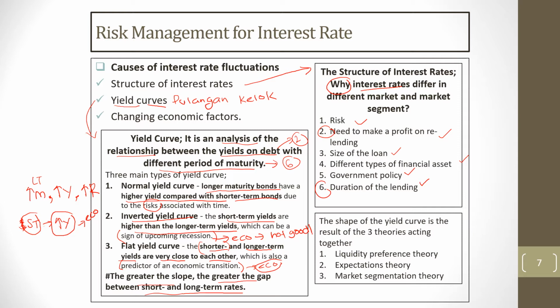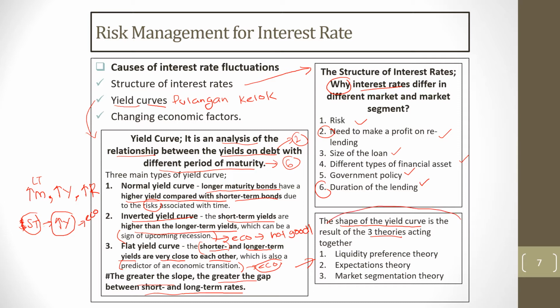Okay, so basically bila ada yield curve, dia ada teori-teori yang mengukuhkan lagi the shape of the yield curve. So apa teori dia adalah on this. The first one, liquidity preference theory. The second one, expectation theory. The third one, market segmentation theory.